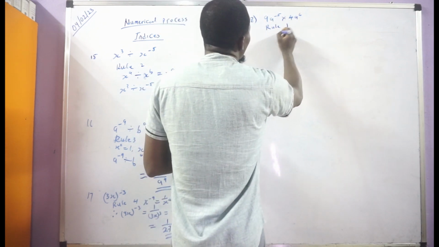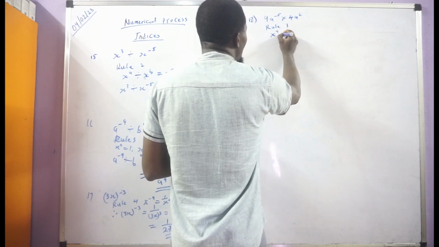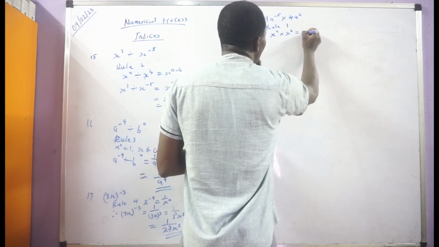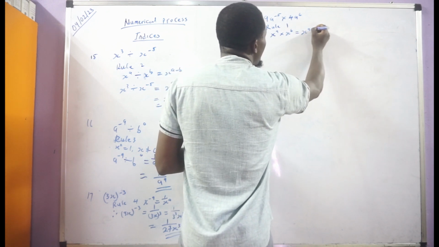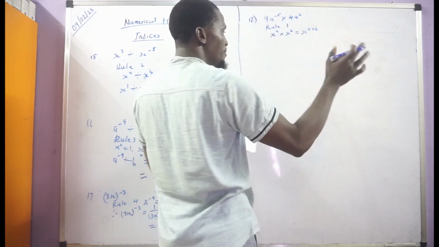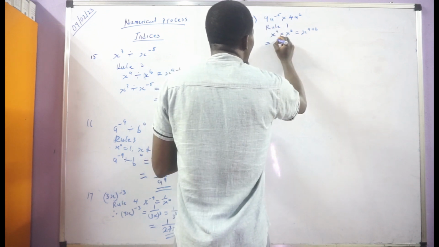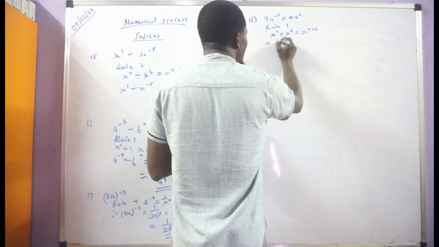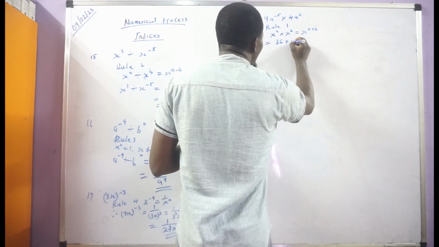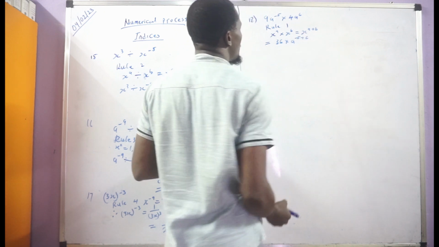So we have rule 1, which is x raised to power a multiplied by x raised to power b to give us x raised to power a plus b. So let's bring the coefficients together, 9 times 4 is 36. Now multiply by a raised to power minus 5 plus 6.